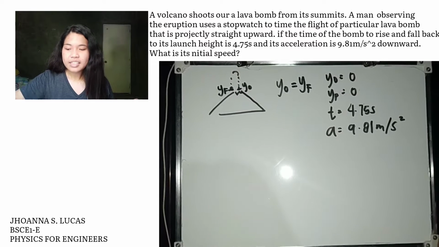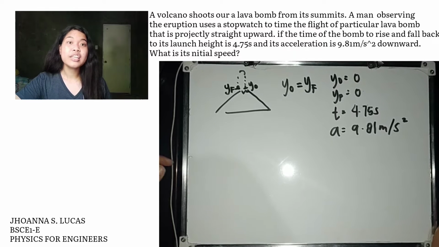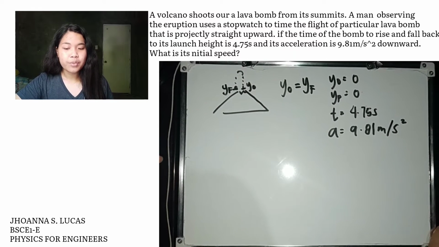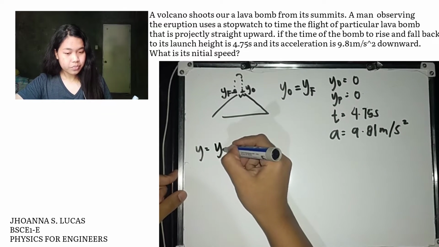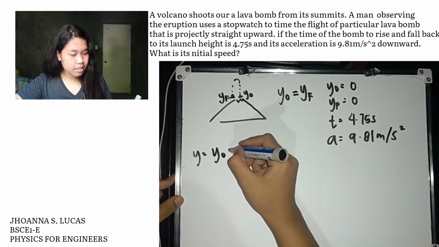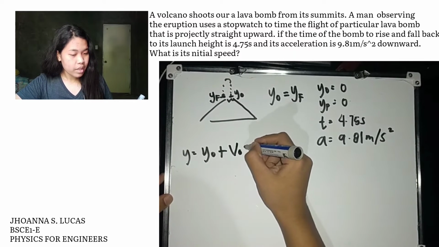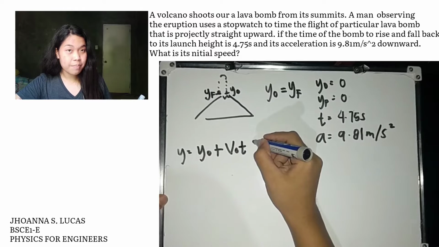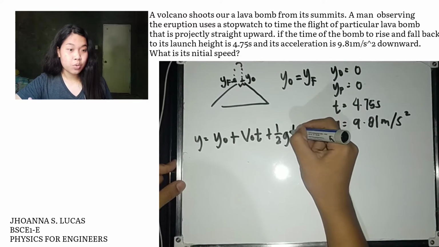So, analyzing it, we will see that it is applicable on equation number 4, where final y is equal to initial y plus initial velocity times t plus 1/2 times gravity times t squared.